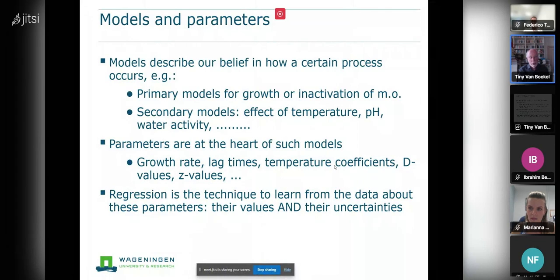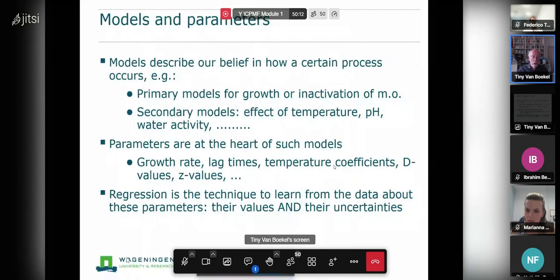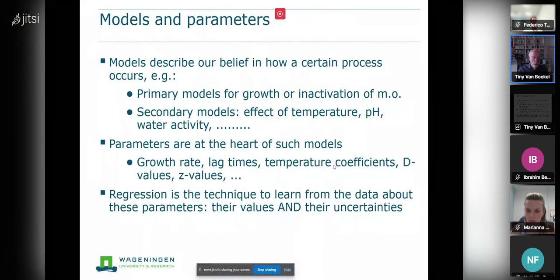But you still are using your imagination to describe what you observe in nature. And these models contain parameters like a growth rate or lag times or D and Z values, etc. These parameters are the ones that we are trying to estimate. And that is done by a technique called regression.